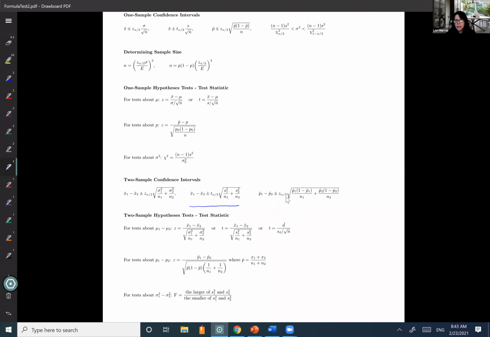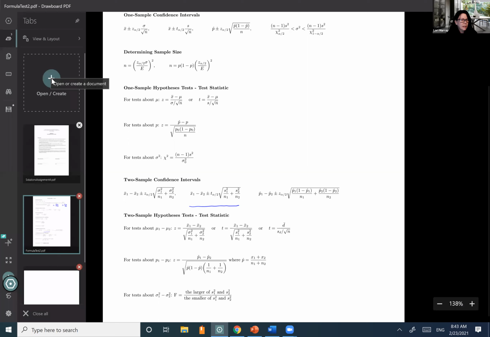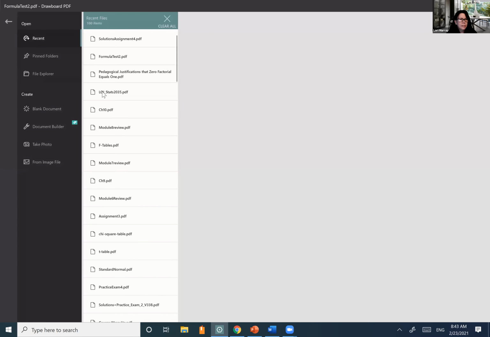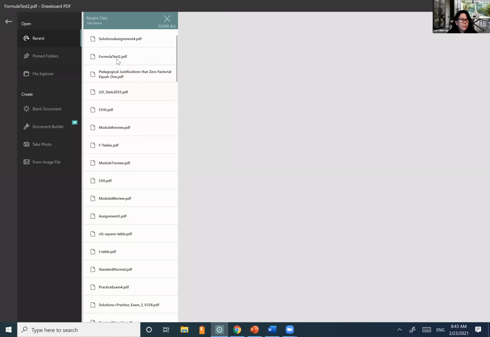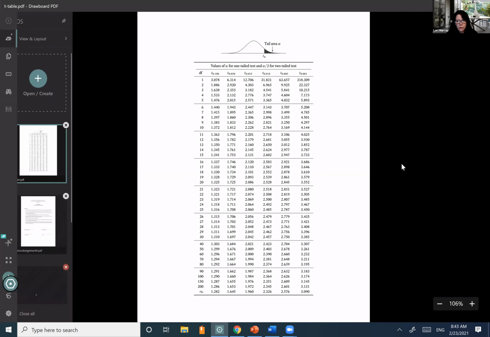And you can use the table, which I should be able to have. I meant to get the T tables. Let me just see if I can bring this up. I don't want that. Let me see, formulas. That's the F table. There should be a T table. Here we go. Open. So here is the T table.